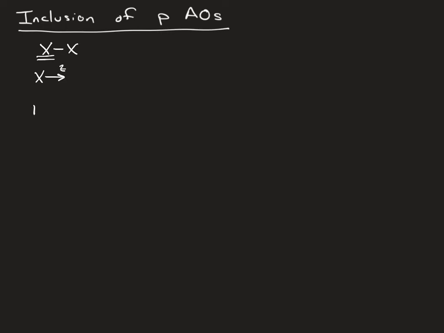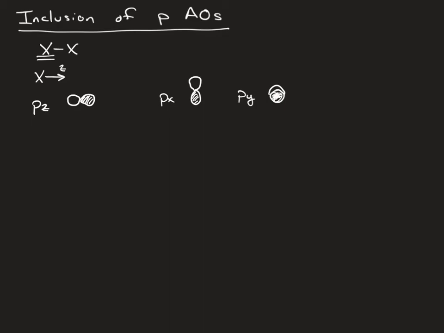Therefore, the pz orbital is oriented like that. In contrast, the px and the py orbitals would be oriented like this, and then coming out of the page like that.